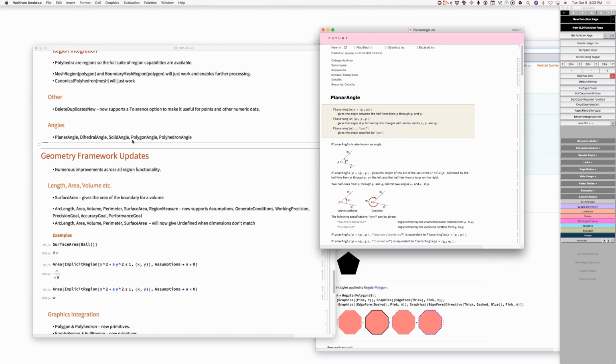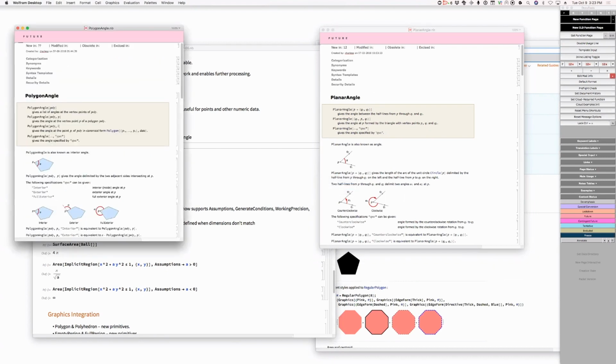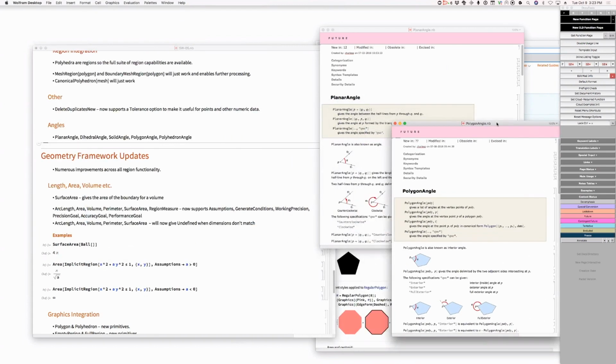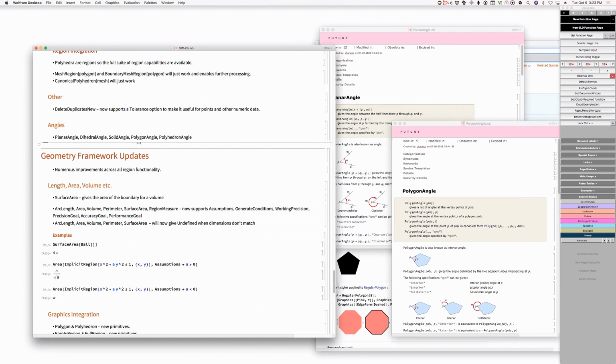Okay. What is polygon angle? And how is it different from planar angle? It is effectively a planar angle, but it's defined as the interior, right? It's essentially the interior angle. From planar, it's not that obvious, but it's a planar angle. So wait a minute.